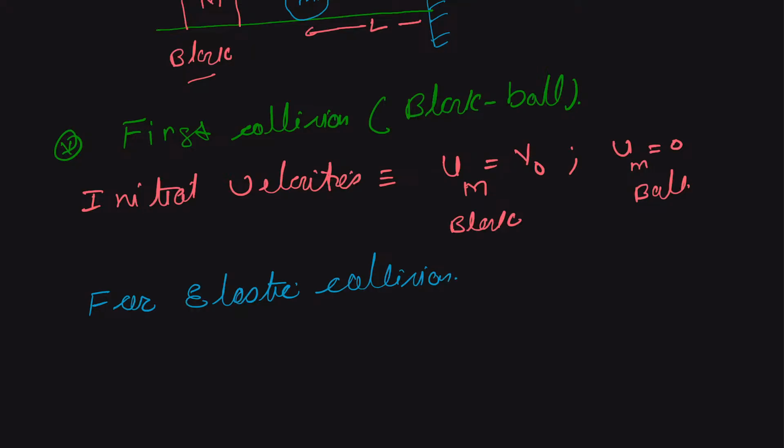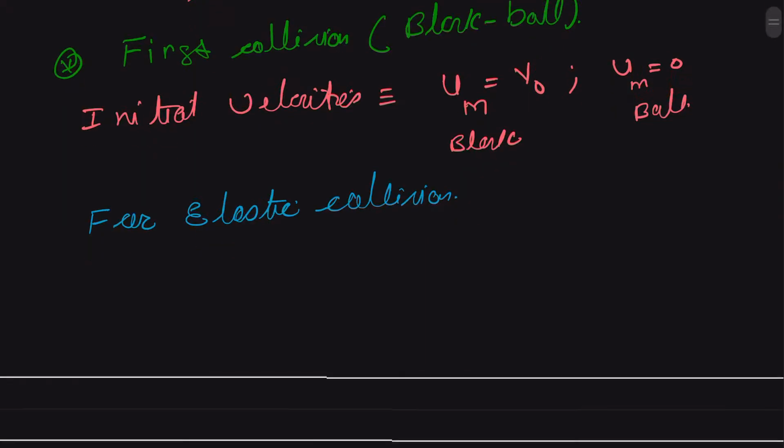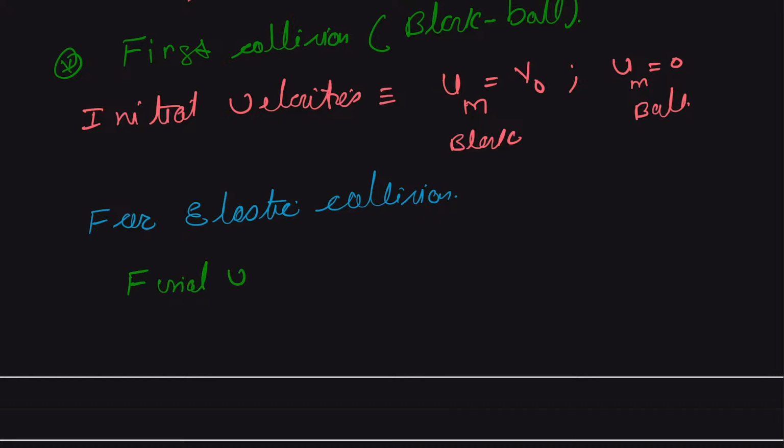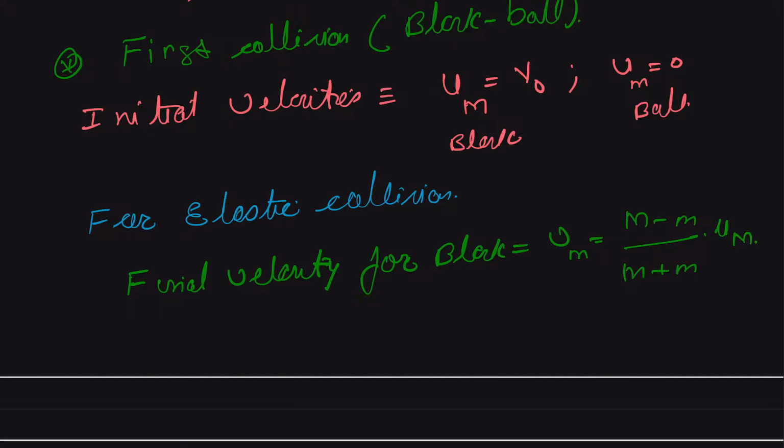For the elastic collision, we can write the final velocity equations. So we can say the final velocity of the block, let us suppose that is given as Vm, then this Vm will be equal to (M minus m) divided by (M plus m), multiplied by its initial velocity.